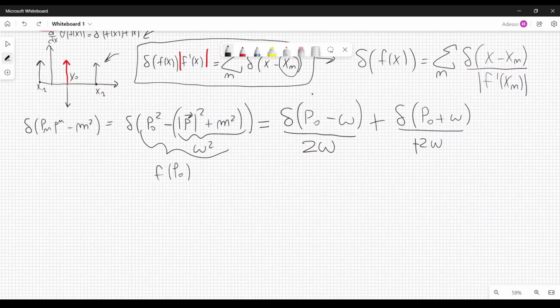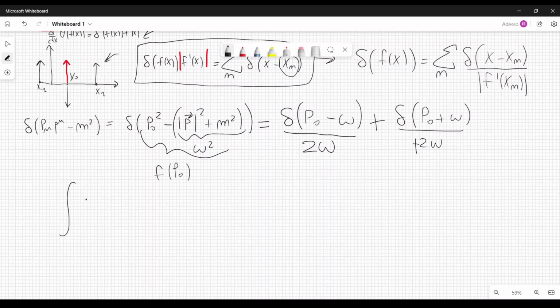So when we integrate this Dirac delta, it will give us 1, and also this 1, because if we integrate from minus infinity to plus infinity, that will contain these zeros, omega, minus omega, and so this first delta is centered at p0 equal to omega, and this second delta, sorry, is centered at p0 equal to minus omega. They are both positive, and the integration will give us 1.